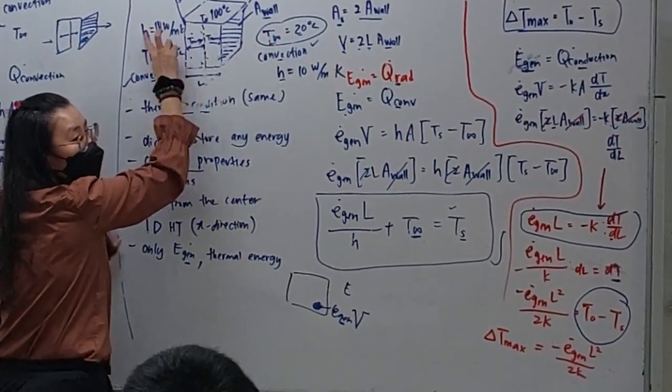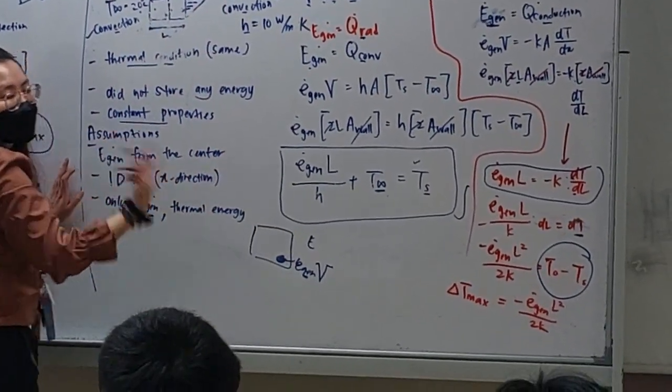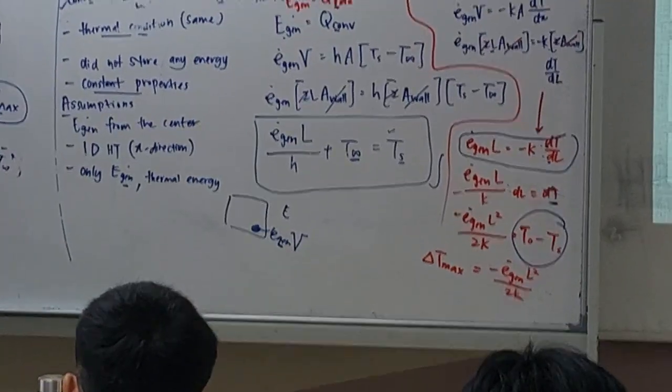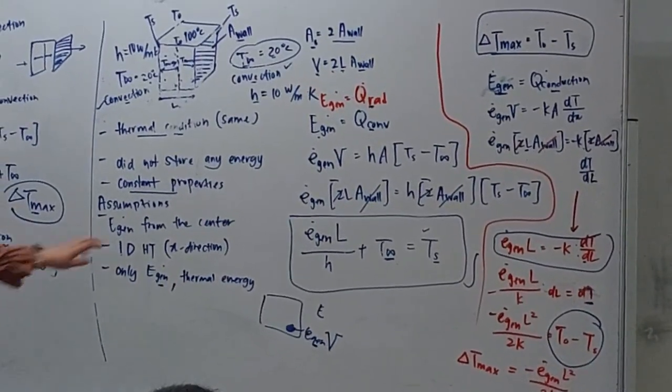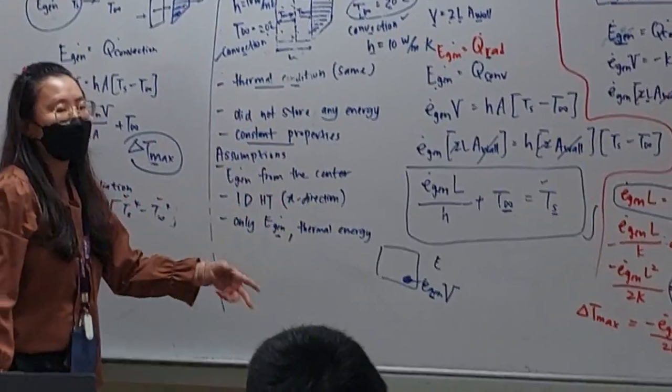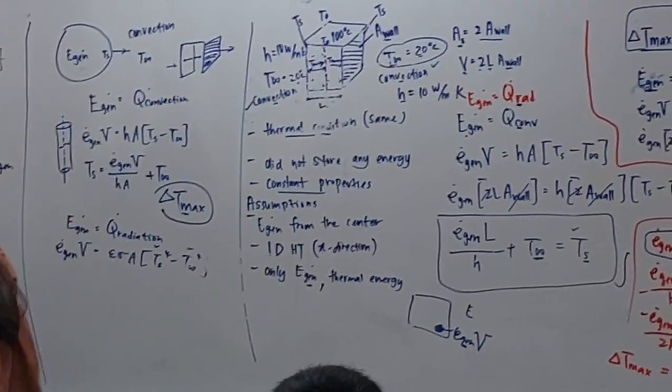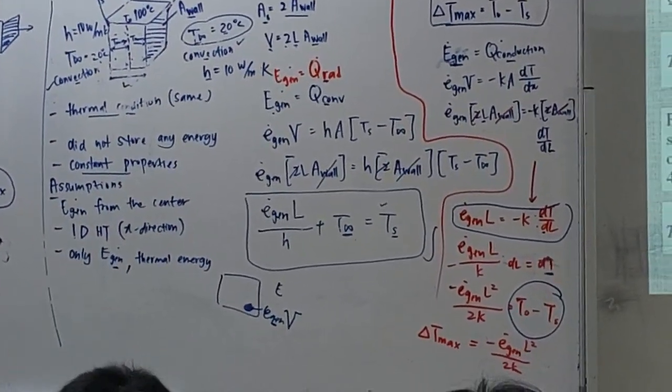Both must be air with the same density and same Cp value. The values are the same, that's why I say constant property: density, volume, Cp value, mass, all constant.